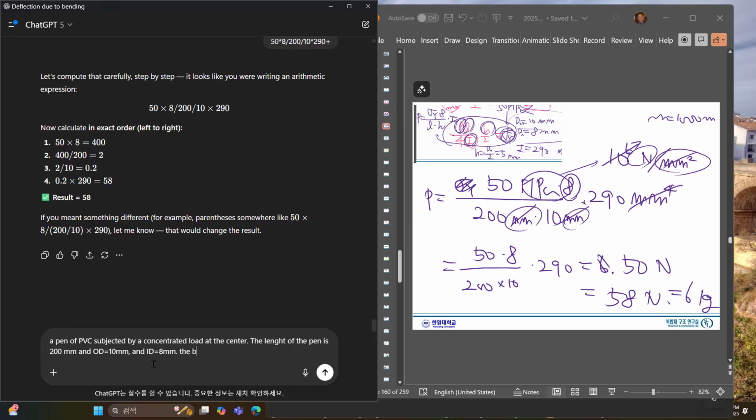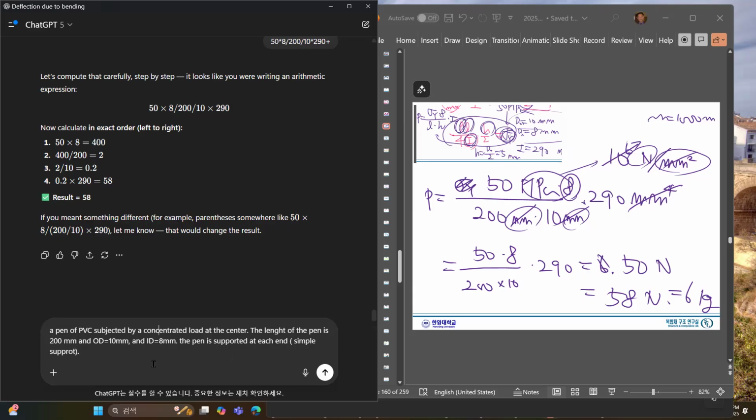The pen is supported at each end. Well, we should say a simple support. Anything missing?